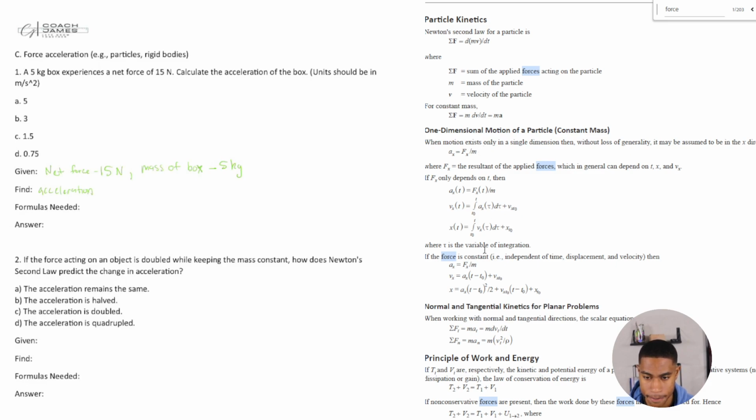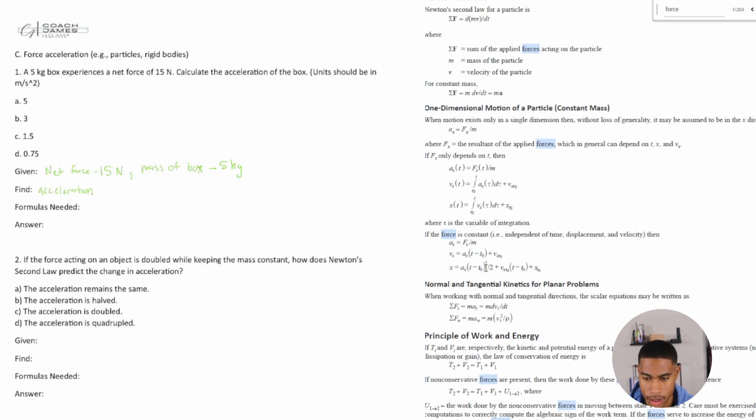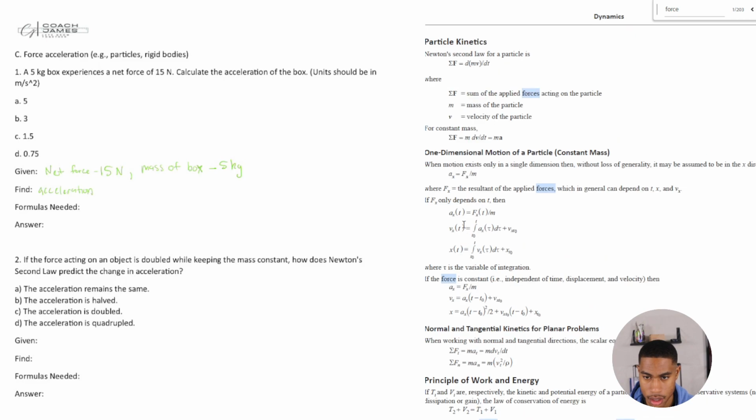So we can for sure say the sum of the forces equals mass times acceleration. The net force, just the sum of the forces, is equal to mass times acceleration.